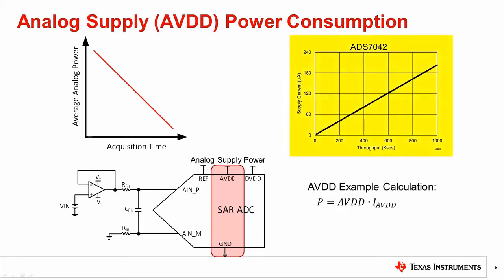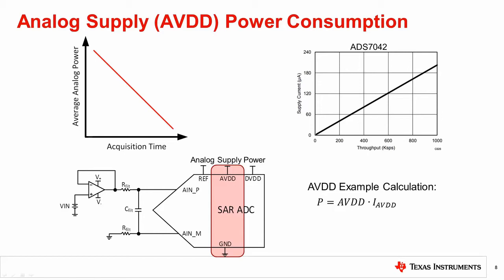The datasheet supply current versus throughput graph for the ADS7042 is shown, and the linear relationship is clearly visible. In order to reduce a system's power consumption, lowering the sampling rate to the lowest acceptable throughput for the application will decrease the average analog supply power consumption.